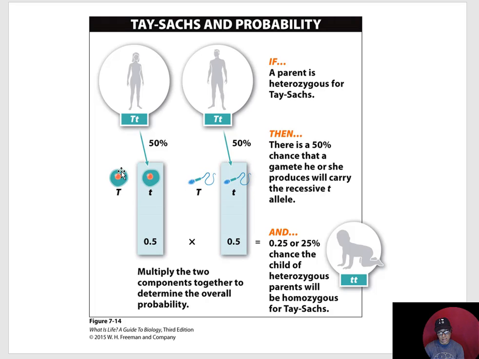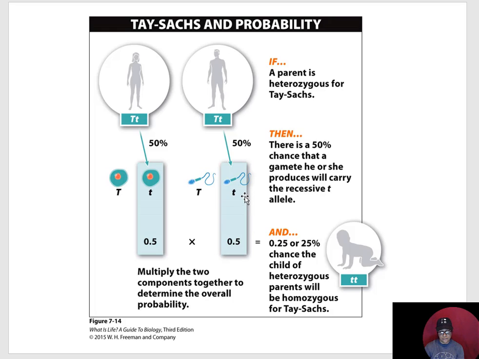Because they could give one of each. One egg could get the dominant gene. One egg could get the recessive version of the gene. Same thing with the male. One sperm could get the dominant version of the gene and the other sperm could get the recessive version.